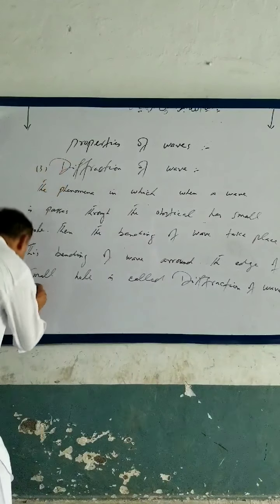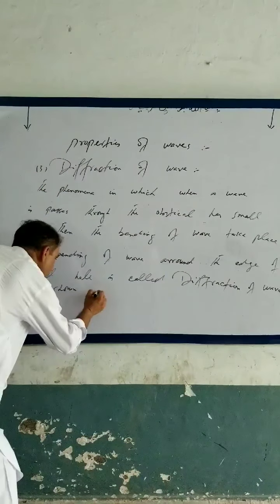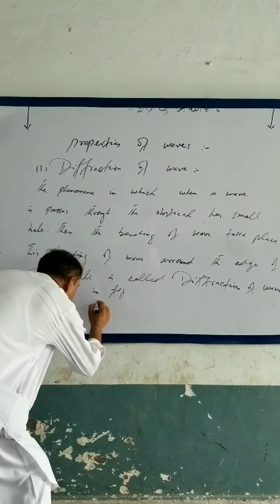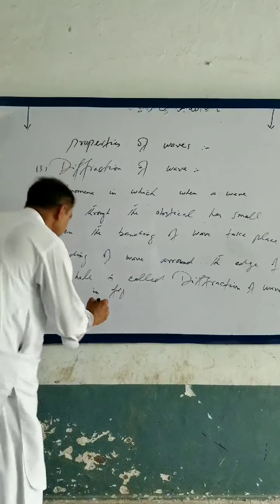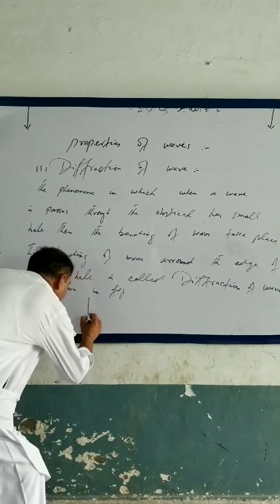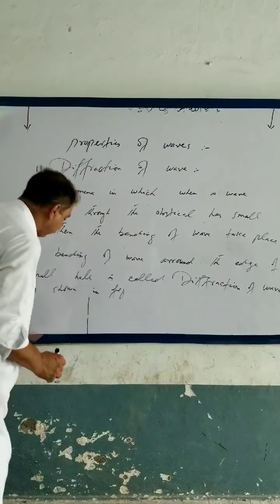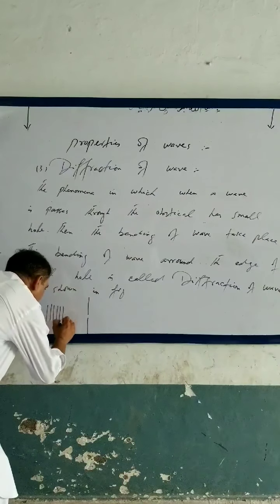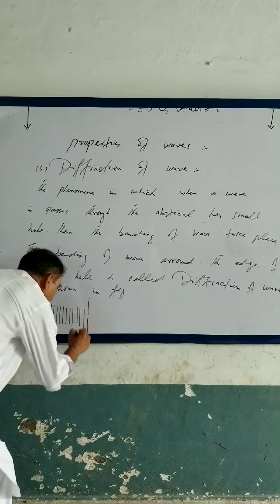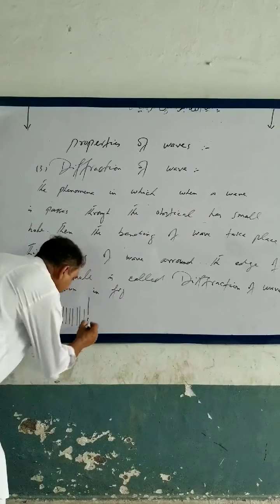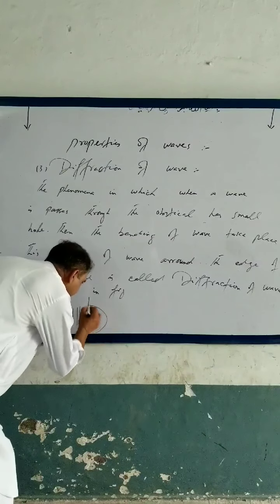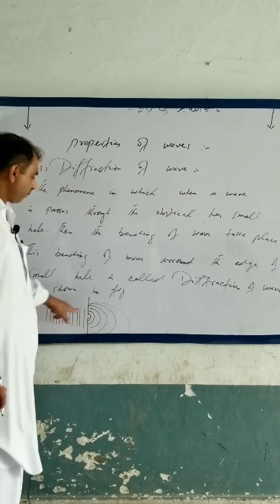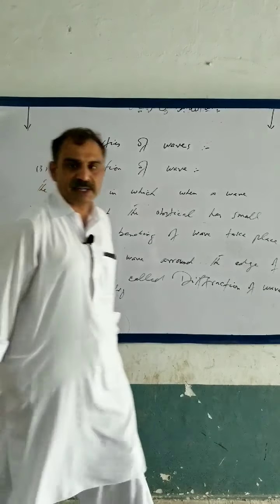It is shown in figure. Suppose this is an obstacle having a small hole, and these are the waves coming from some source. When passed through this small hole, then the bending takes place around the edge of the small hole. This bending of waves around the edge of the small hole is called diffraction.